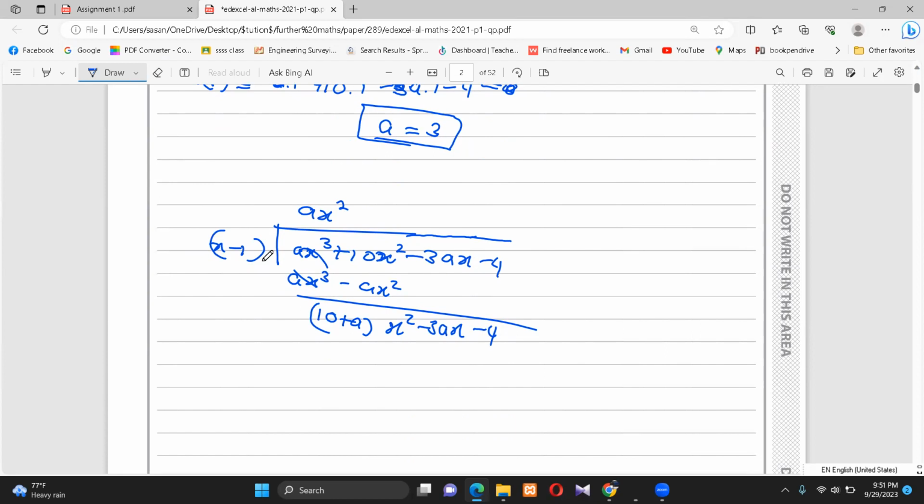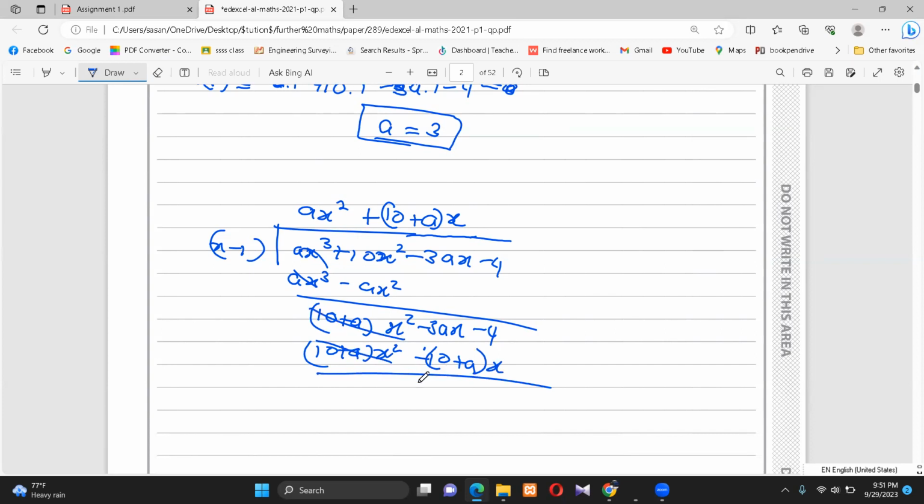Actually, I don't recommend this method because it takes comparatively more time, and you want to use more advanced methods to find the constant value. This becomes 10 plus a times x, then 10 plus a times x squared minus 10 plus a times x.